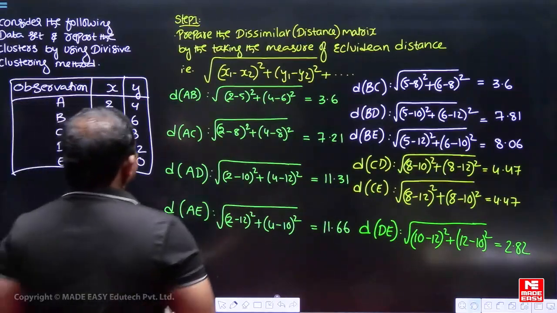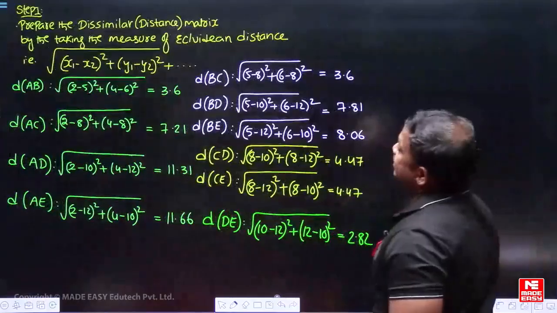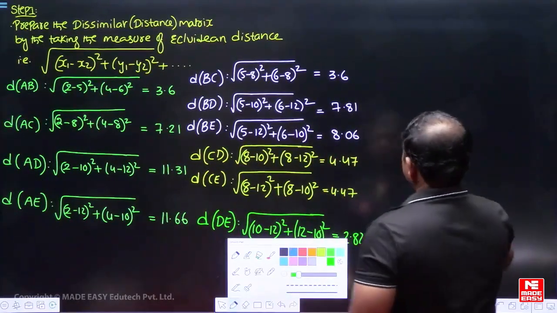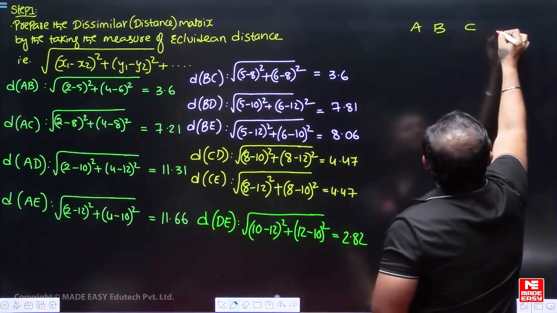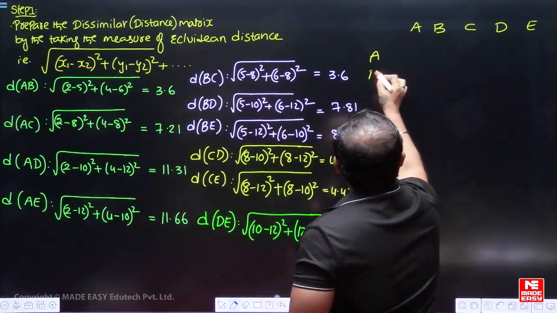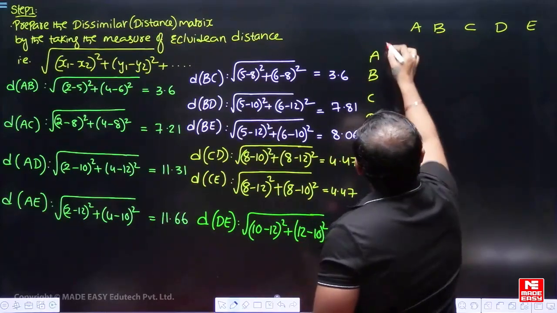Now prepare the dissimilarity matrix. What is the dissimilarity matrix? Rows A, B, C, D, E and columns A, B, C, D, E.